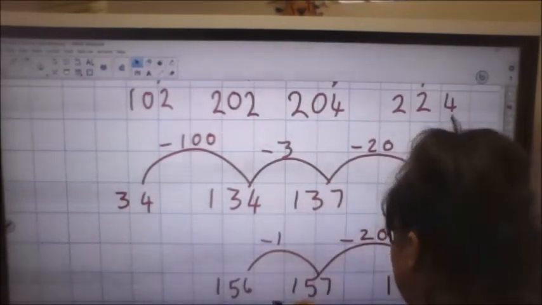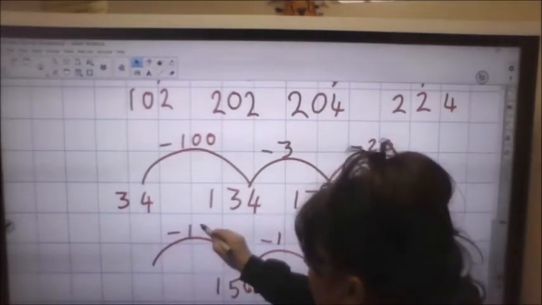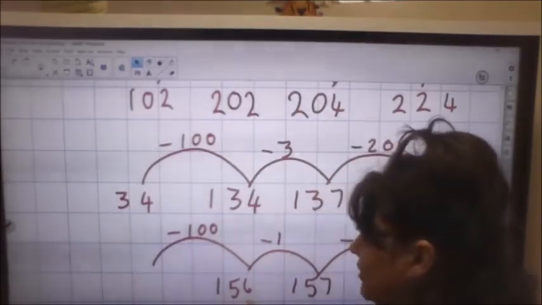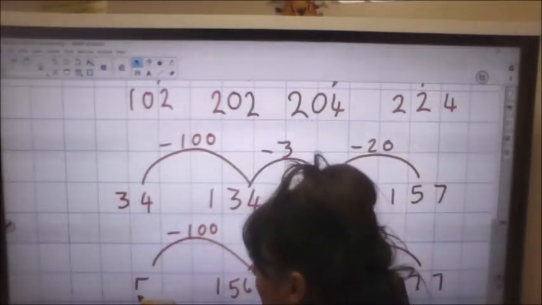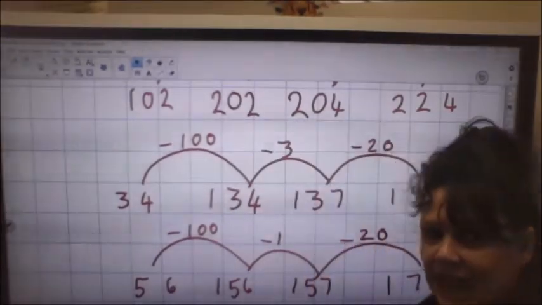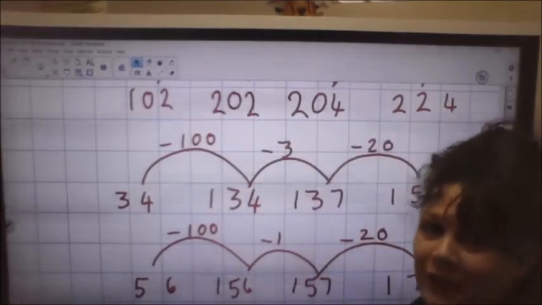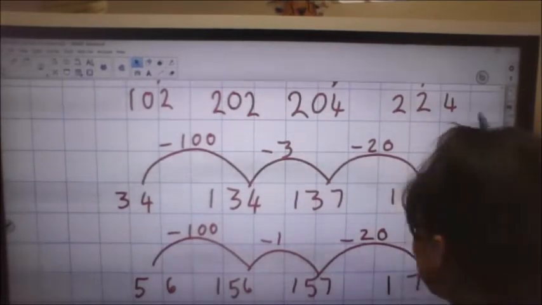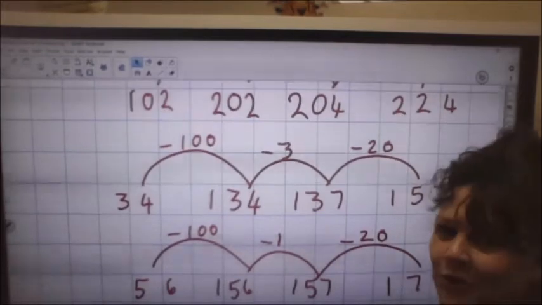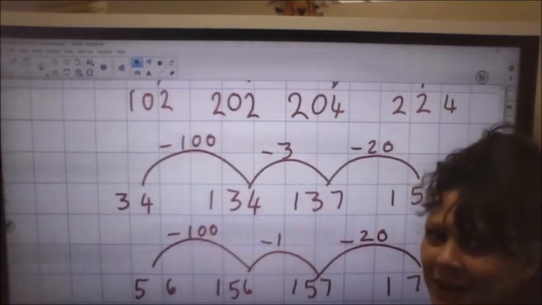Then I'm going to take away the 100. The only thing that's going to change is that 100 digit, and I just end up with 56 at the end. How did you do? Hopefully you got them all spot on. Right, so to get them all right, you can use a number line really, really well.